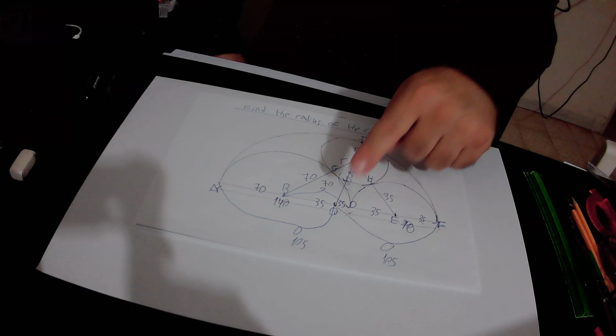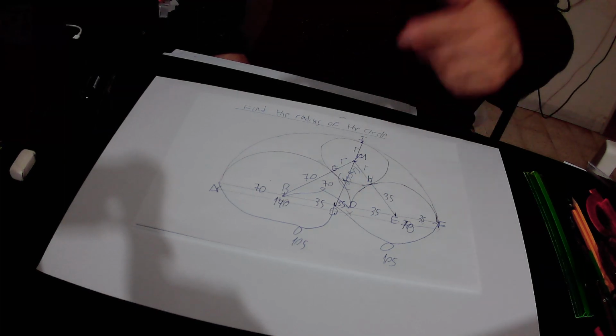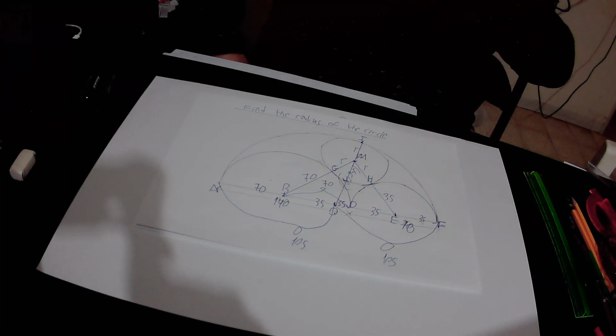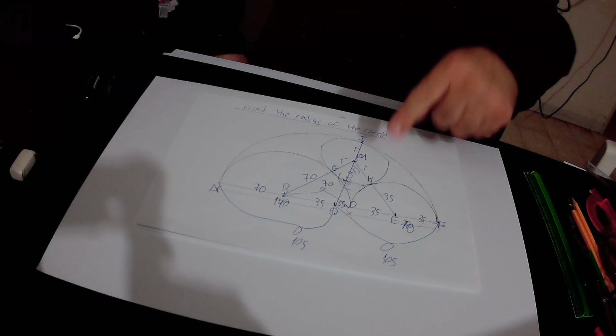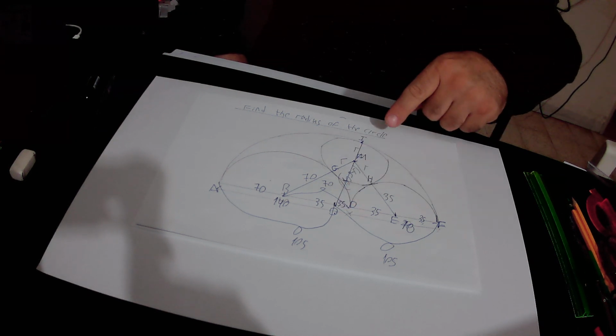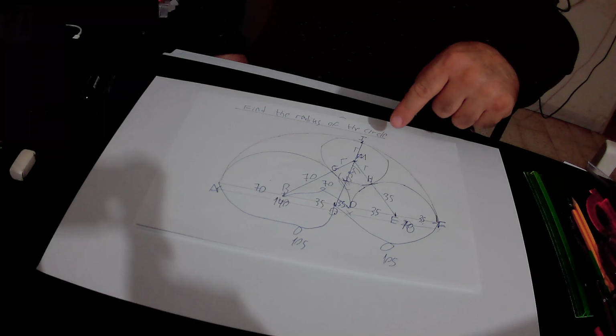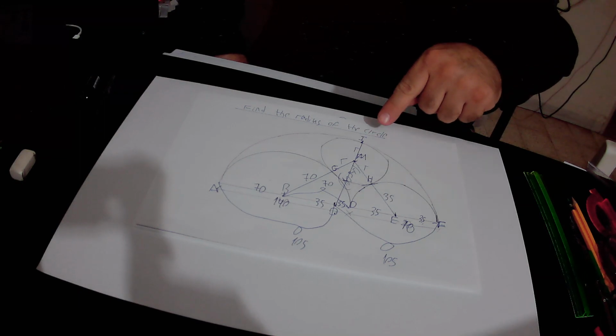Okay? Point O is the center of the biggest semicircle, point M is the center of the circle. So the straight line OM that connects their centers together must pass through their touching point, that is to say point I.